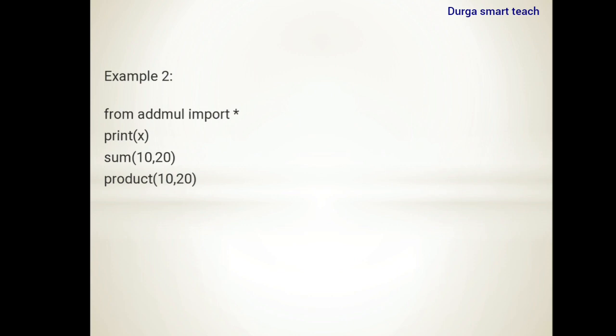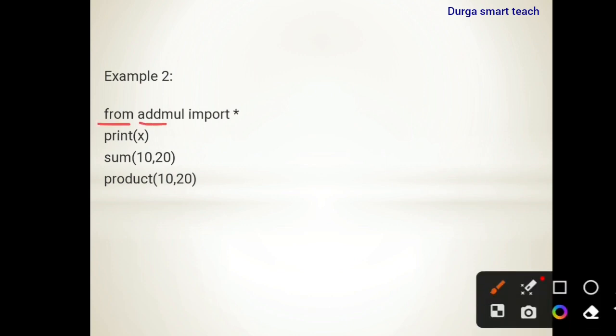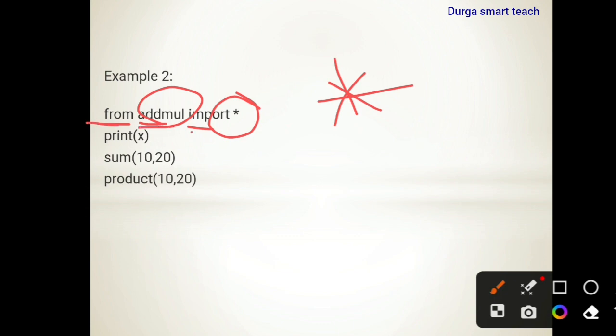Here is the example, from addmul import star. Star means all. Whatever variables, classes and functions are present in addmul, I want to access all of them. So in this way you can use from addmul import star.